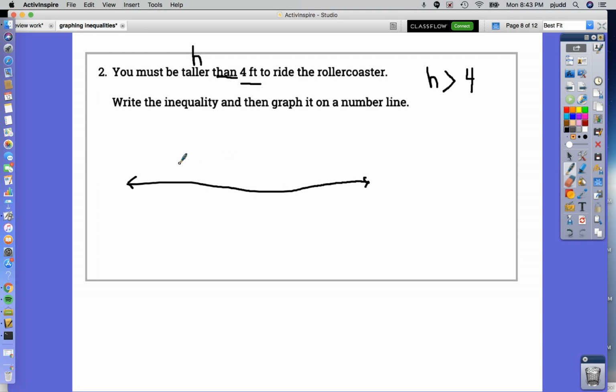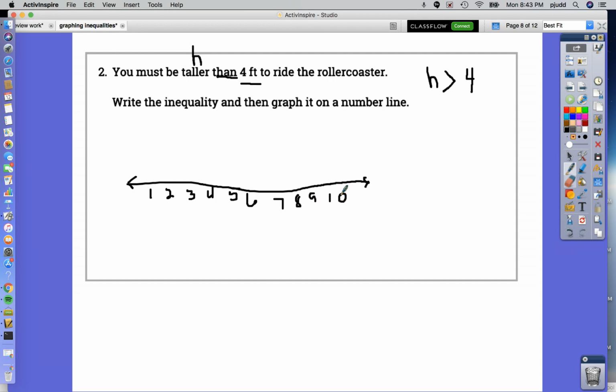So if I'm 4 feet, I guess I'm not riding that roller coaster. So I'm going to put 1, 2, 3, 4, 6, 7, 8, 9, 10.